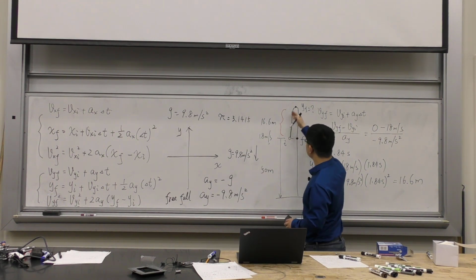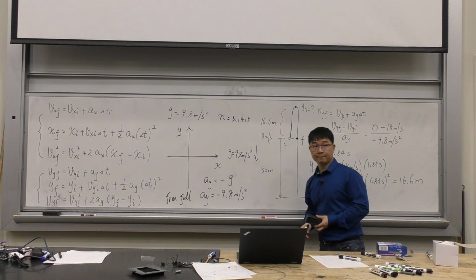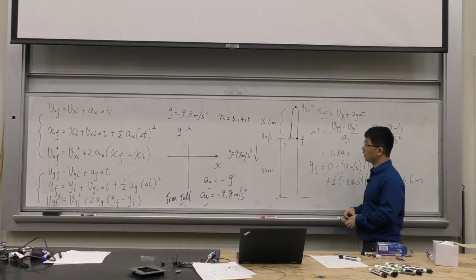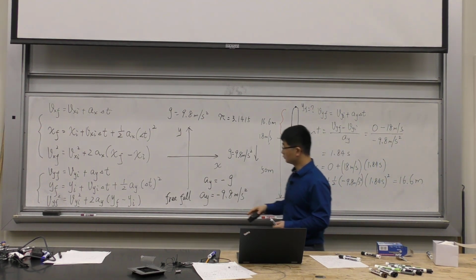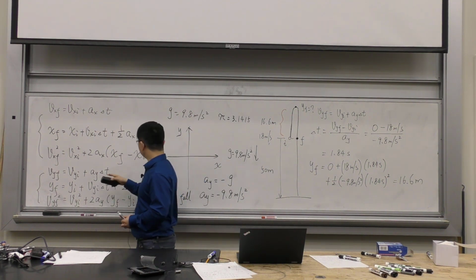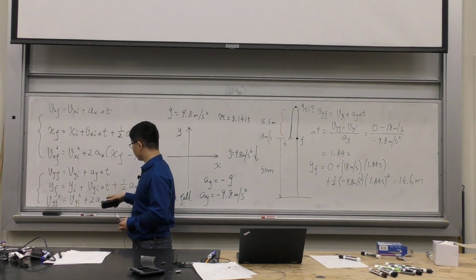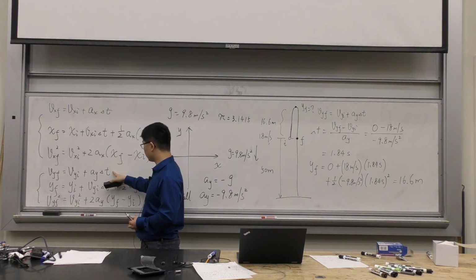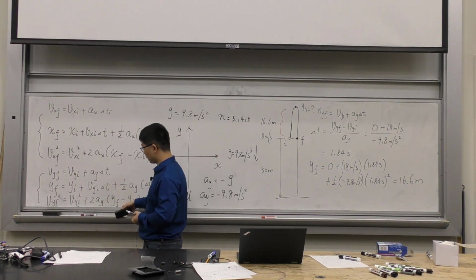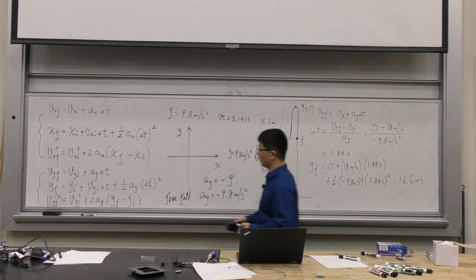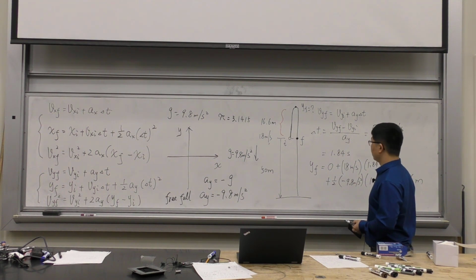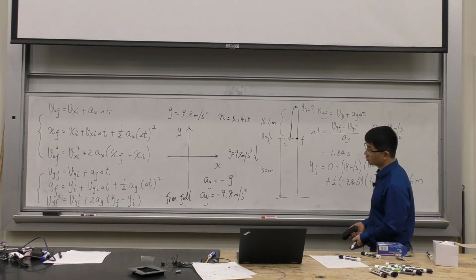Now I'm going to consider this portion of this trip. So I want to find the final velocity at that point. So I would use either this equation or that equation, right? Either one. Then you're also going to pick your initial point, right?